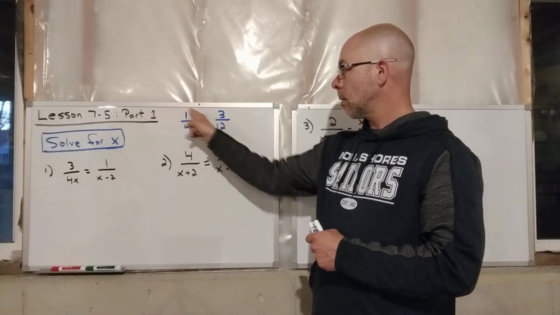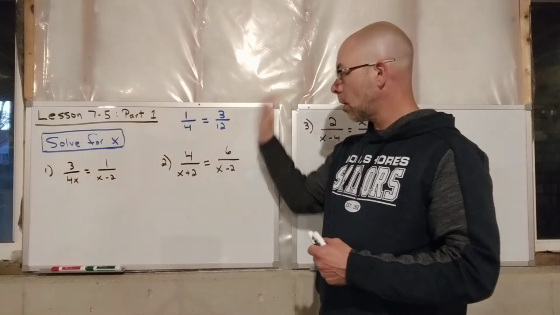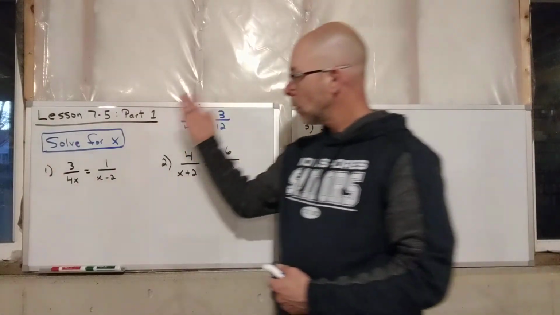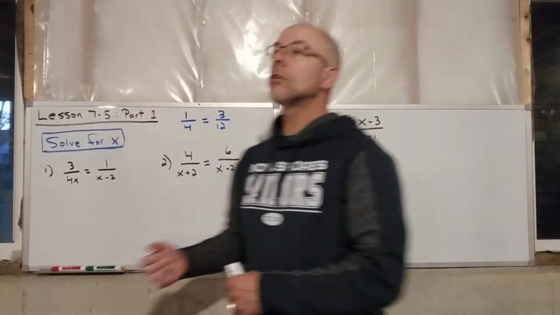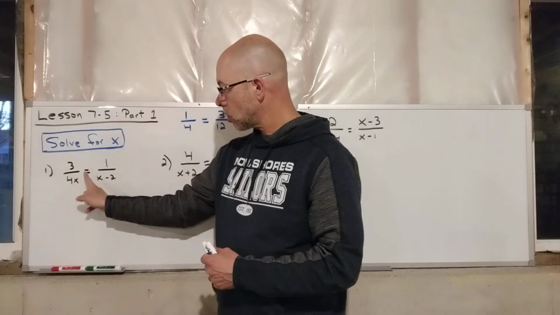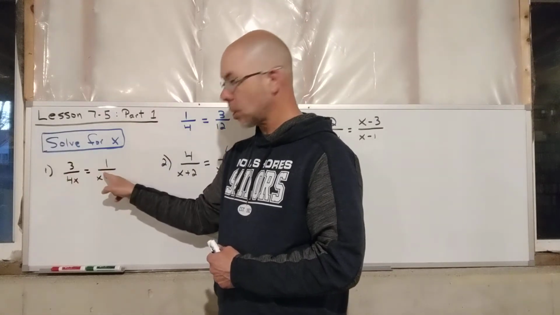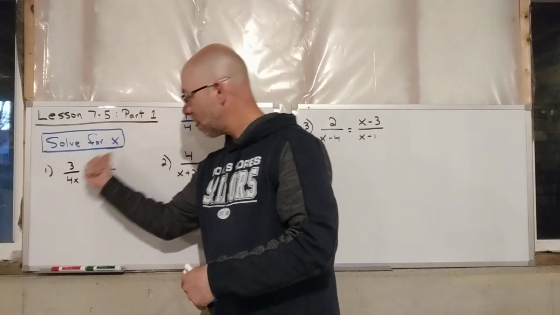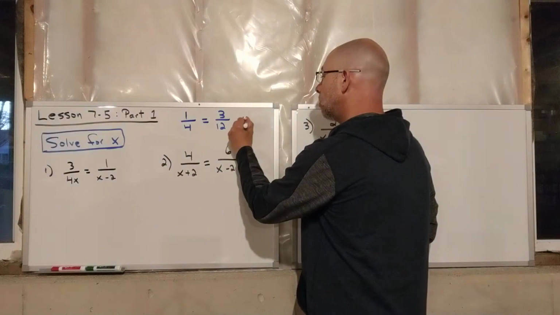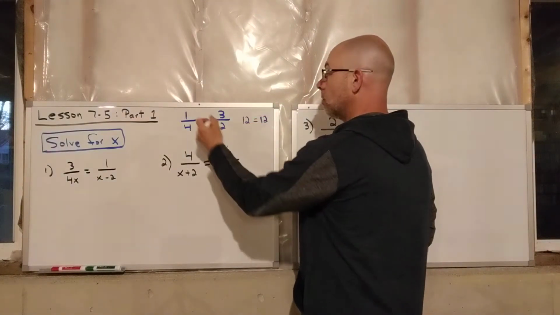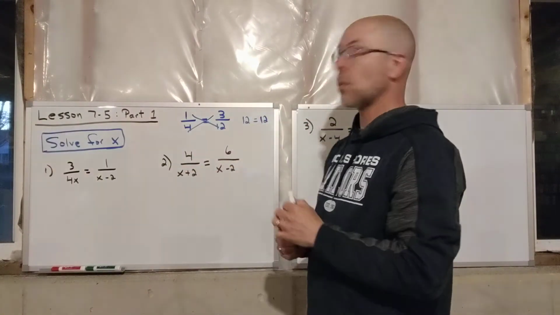So that diagonal multiplies to 12, that diagonal multiplies to 12, hence cross multiply equal. We use that fact here, here, and here to solve for x, because if this fraction truly equals this fraction, then this cross multiplication must equal that cross multiplication. Much like over here, 12 equals 12. That's what we're going to use, and that's why it works.